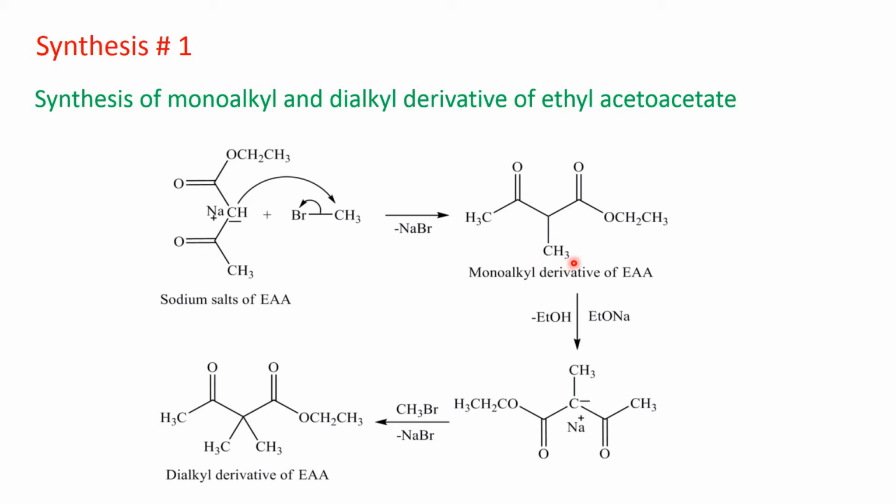So this methyl group is added. Now this is the monoalkyl derivative or monomethyl derivative. Once again repeat the same. Form the carbanion and treat it with methyl bromide. You will get the dialkyl derivative of ethyl acetoacetate.